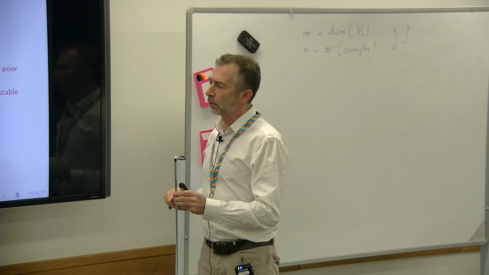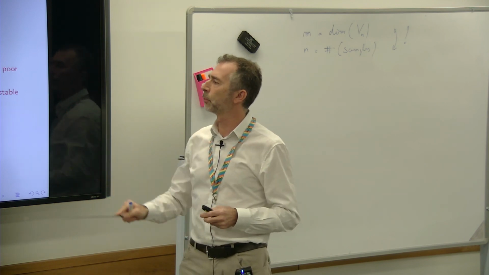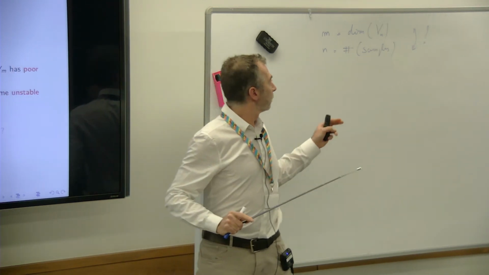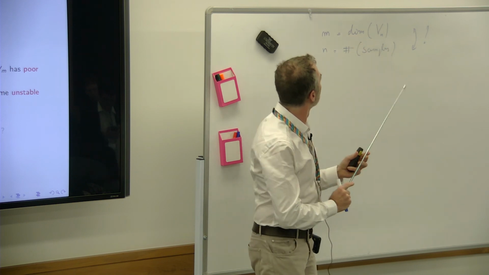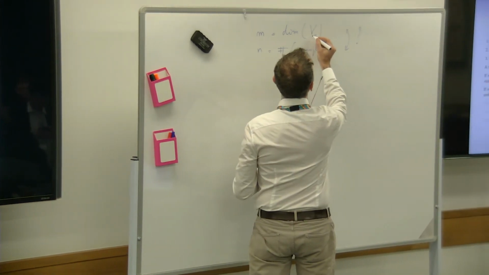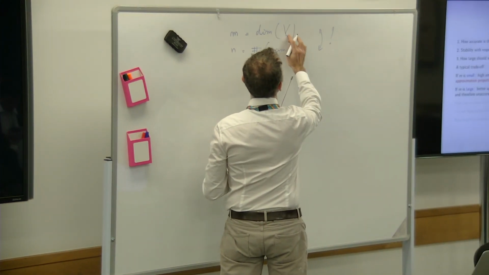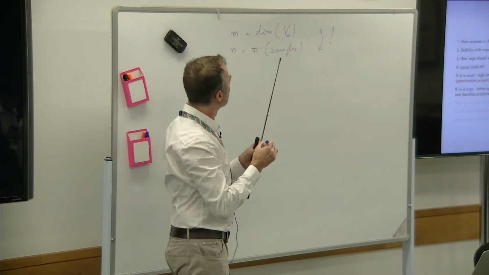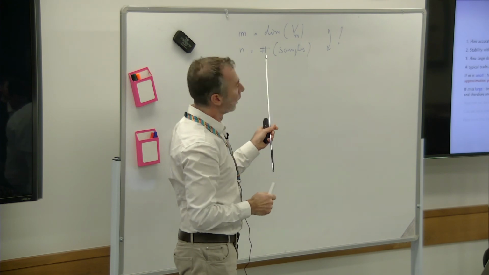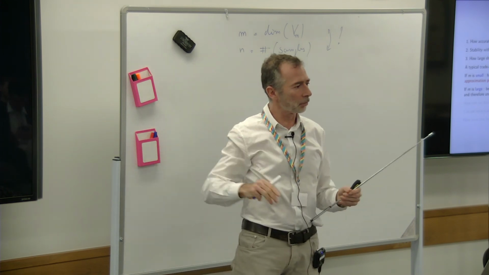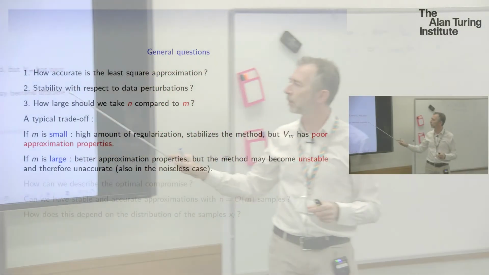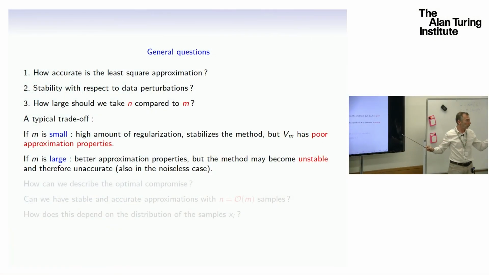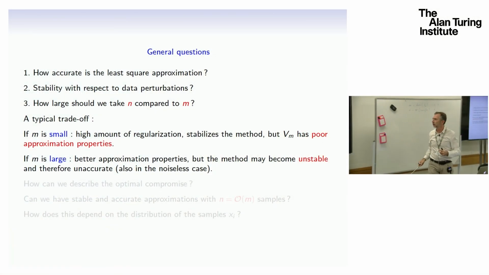The typical trade-off is, of course, that if m is very small, think of m equal 1, so think of just using constant functions, then you are essentially averaging everything. So this is very stable, but Vm has very poor approximation property. You cannot catch anything.